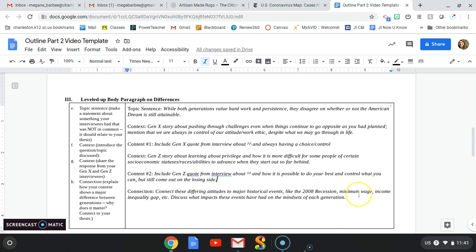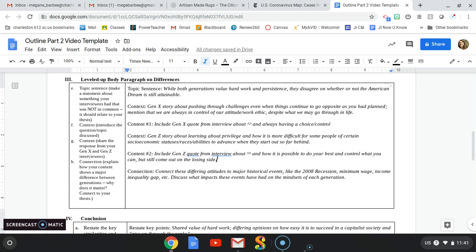I can connect it to the whole debate on minimum wage right now and whether that should be increased to match the rise of the cost of living in America. I might connect these attitudes toward the income inequality gap. And I think mindset is the key word I want to focus on for differences. Like, what impacts do these events have on the mindset of my father, of my brother, and their generations as a whole?